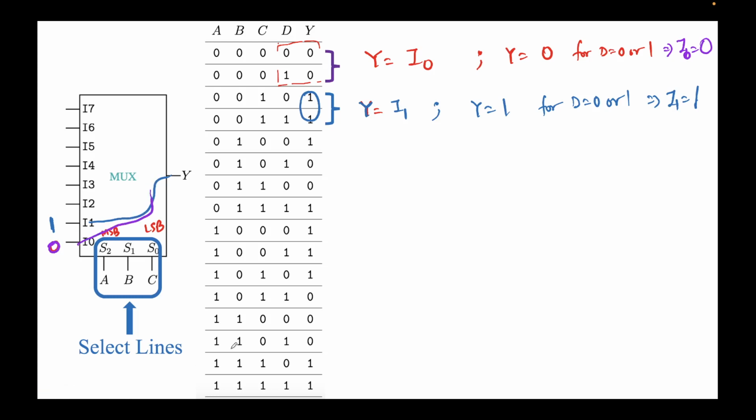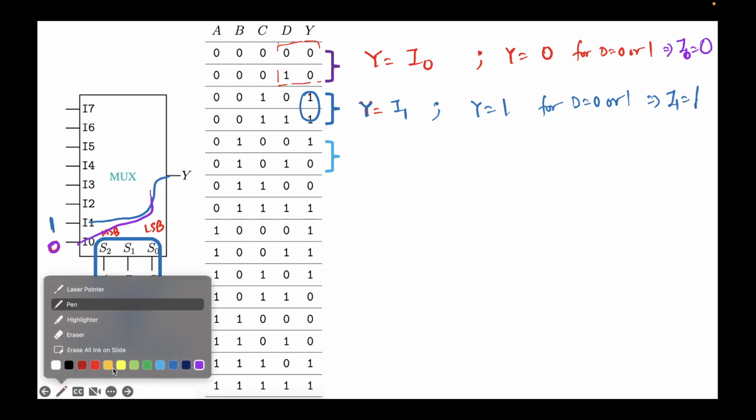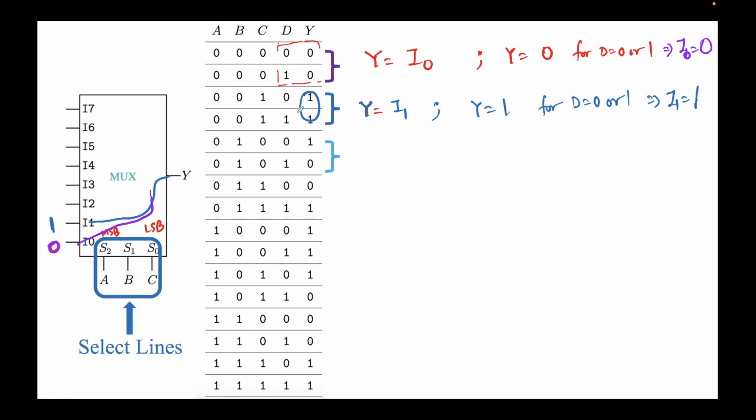All right, now let's do the third tuple, which is in the sky blue color. In the sky blue color the circuit will look something like this. This switch is closed now. Here I know Y will be nothing but I2, and look at these two.